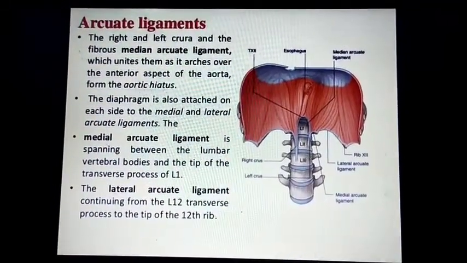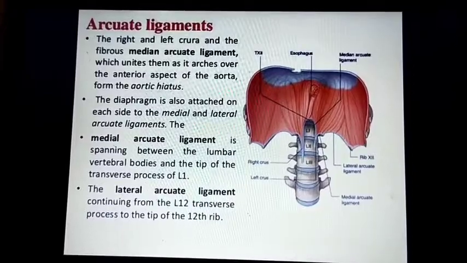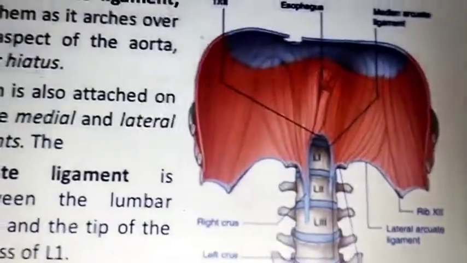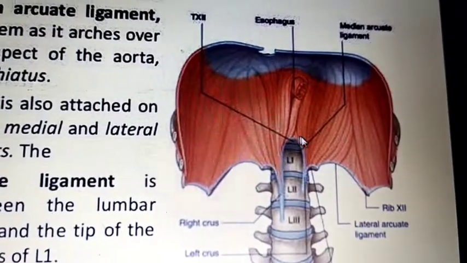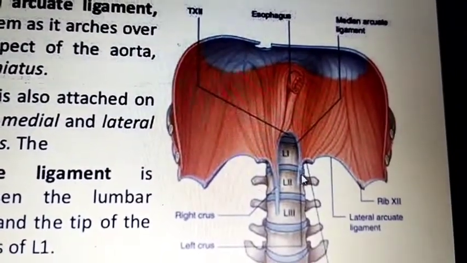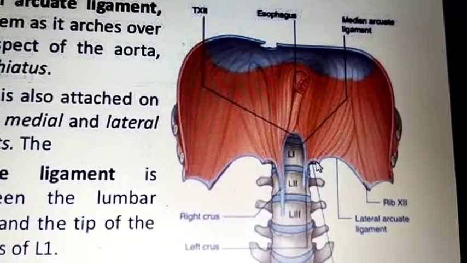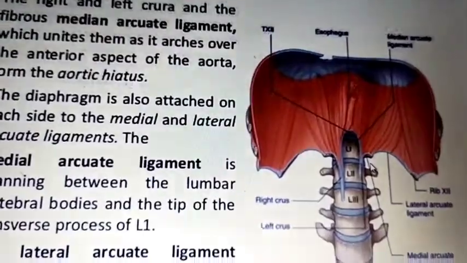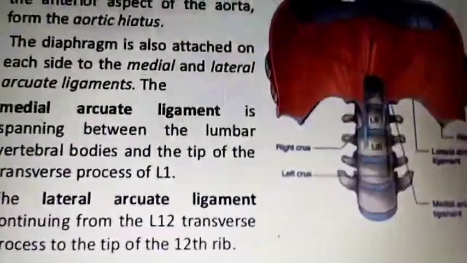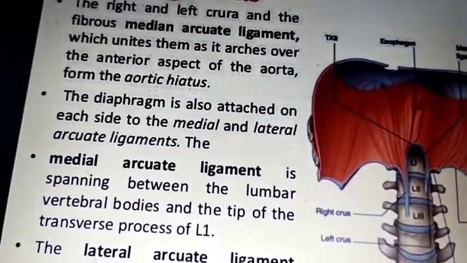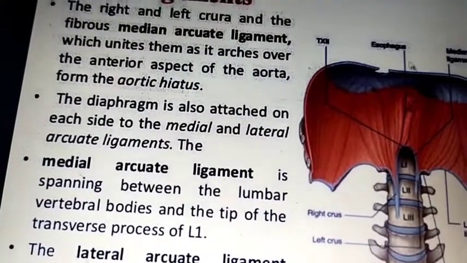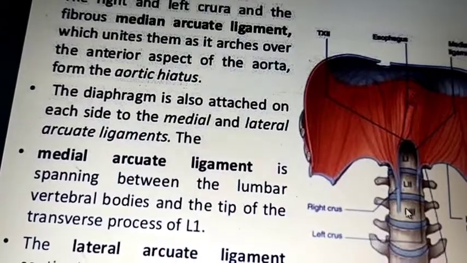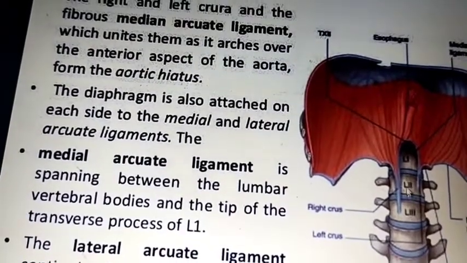Then arcuate ligaments: median, medial and lateral. You can see in this picture also. This is a median arcuate ligament, this is a medial arcuate ligament, and this is a lateral arcuate ligament. Now we can discuss the origins of the diaphragm. One is sternal, one from the costal, one from the lumbar.